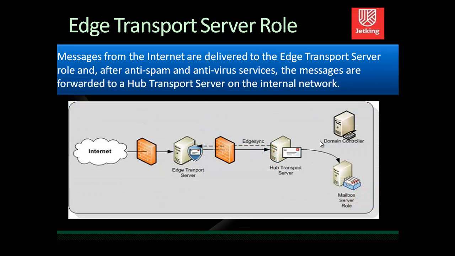The next role is the Edge transport server role, which is an optional role that can be used with Exchange Server. This is a role which we can use for anti-spam and antivirus services, along with the transmission of mails outside the organization.